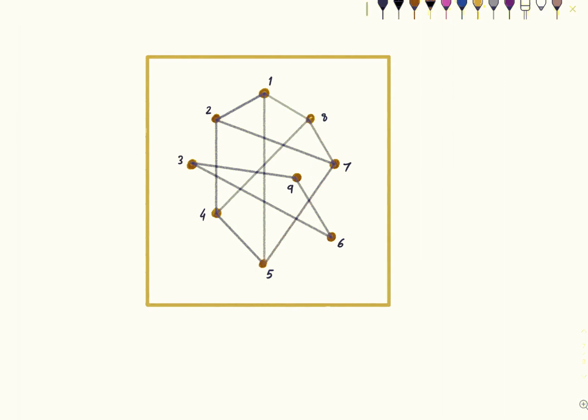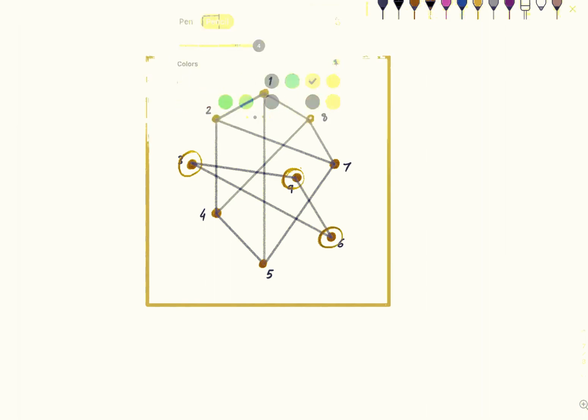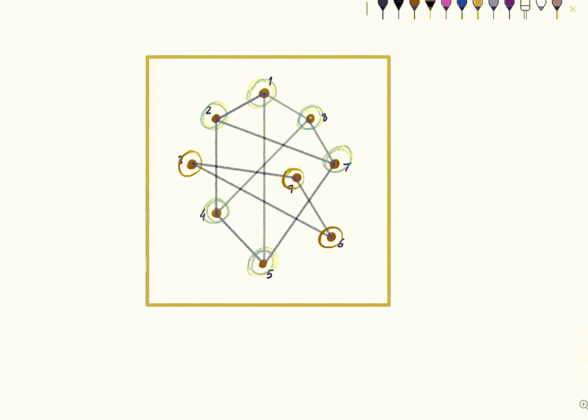So now, if you just isolate the components of this graph, there are 2 components in this graph. Again, maybe let's label them. So this is one component and this is another component. So this is just a matter of computation.